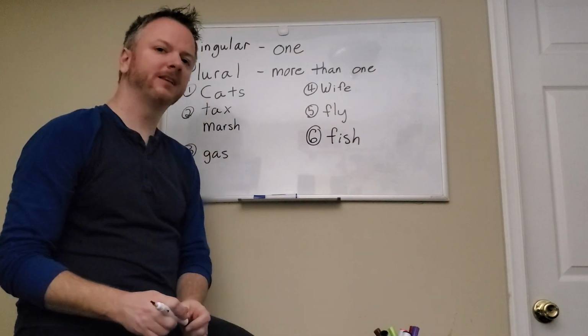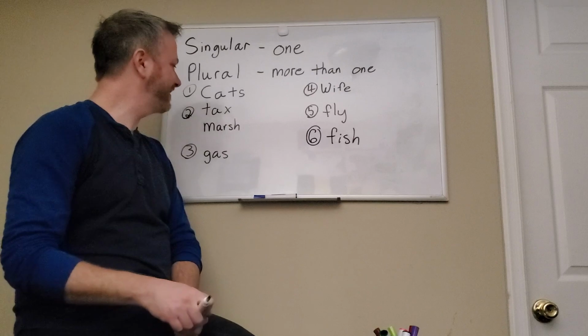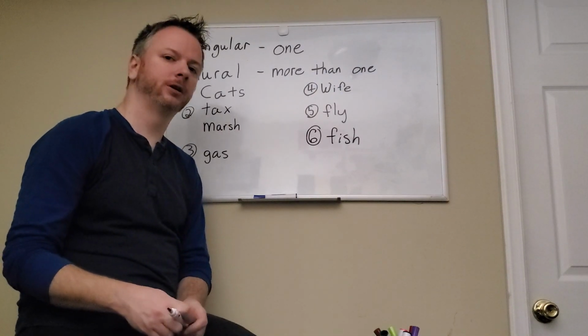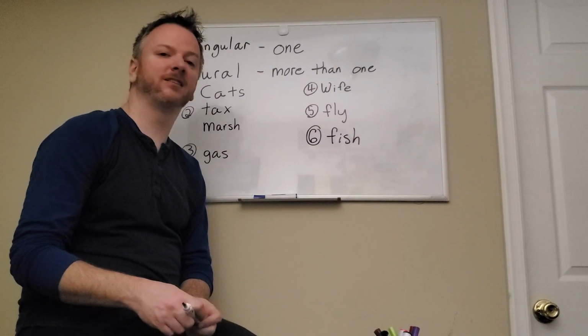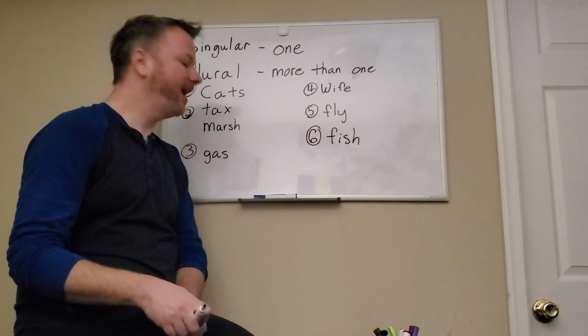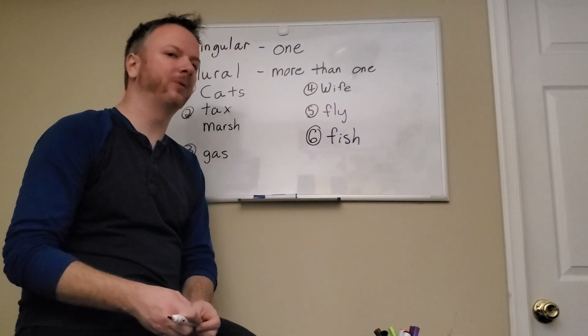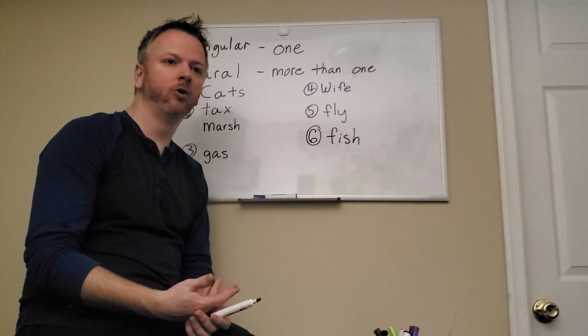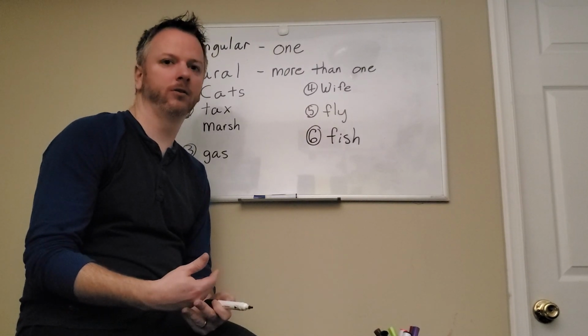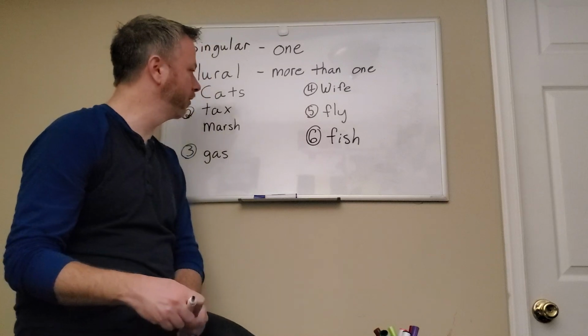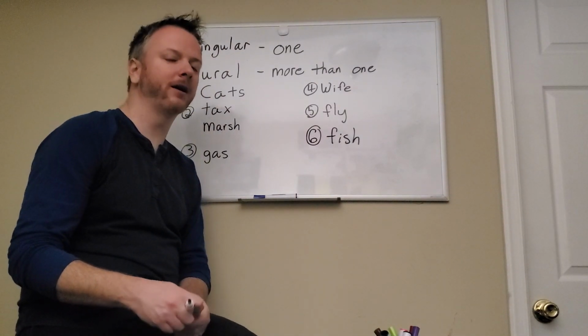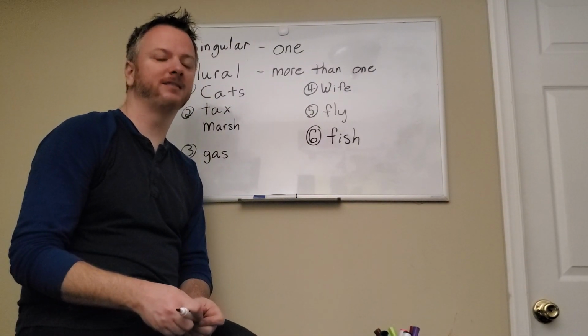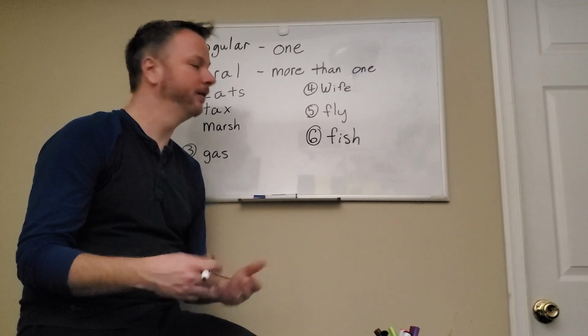The second rule gets a little more difficult because words like tax and marsh, words ending in S, 2 S's, SH, X, some of these words we can't add an S to. Either it's not going to say the word we want it to say, or we're not really going to hear the plural sound to know that it's a different word. For example, bus. If we add another S to the end of bus, it's still just going to say bus.